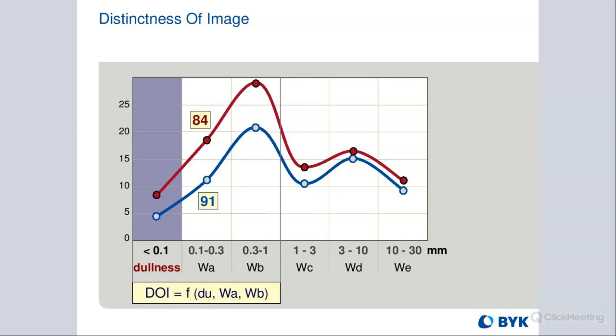The higher the dullness, the WA and WB, the lower the DOI. So in most cases, you want these numbers, DU through WE, lower, but you don't want them as low as possible because you wouldn't be able to maintain that finish and then it wouldn't be a balanced structure.